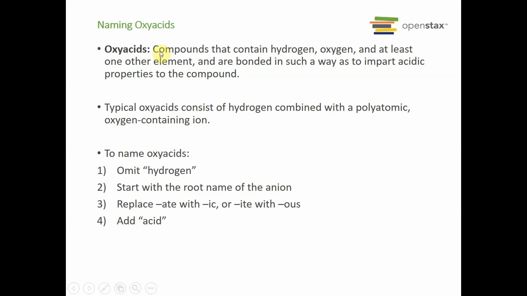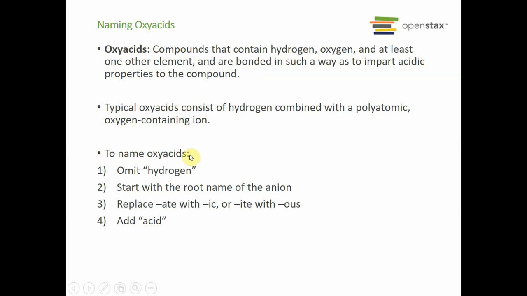Here we go. Oxyacids. Compounds that contain oxygen, hydrogen, and at least one other element, and are bonded in such a way as to impart acidic properties to the compound. Typical oxyacids consist of hydrogen combined with a polyatomic ion, an oxygen-containing ion.